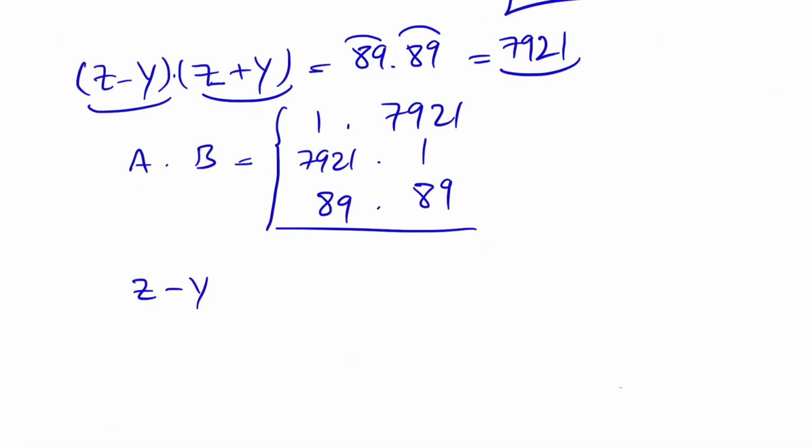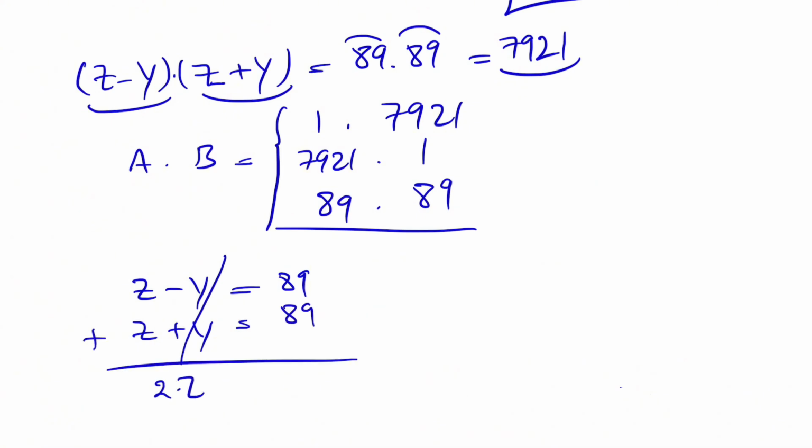So basically our z minus y is 89, and z plus y is 89 too. If we add these two together, we have 2z is equal to 2 times 89. So our z will be 89, and if z is 89, that means our y is 0, which does not make any sense because we have a triangle and our side cannot be 0.